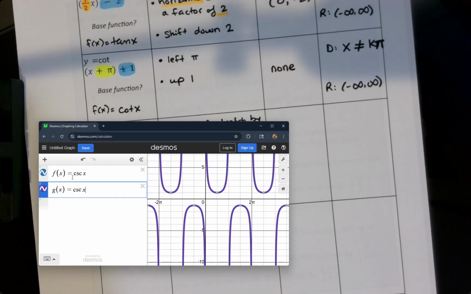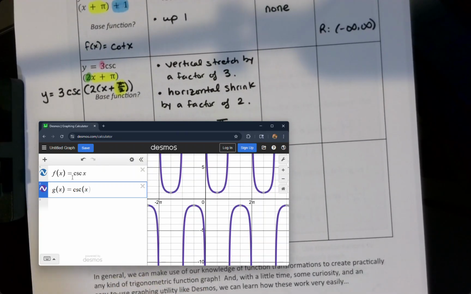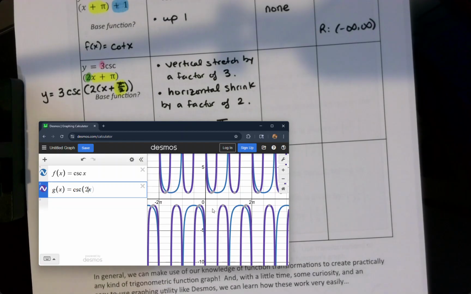All right, I want to work from the inside out. So first, let's do our horizontal shrink by a factor of 2, putting our multiplier of 2 inside. What I notice about the purple graph is that it is half as wide as the original blue. It did get shrunk. It does still not have a y-intercept, but we are going to give it the left shift by pi halves.